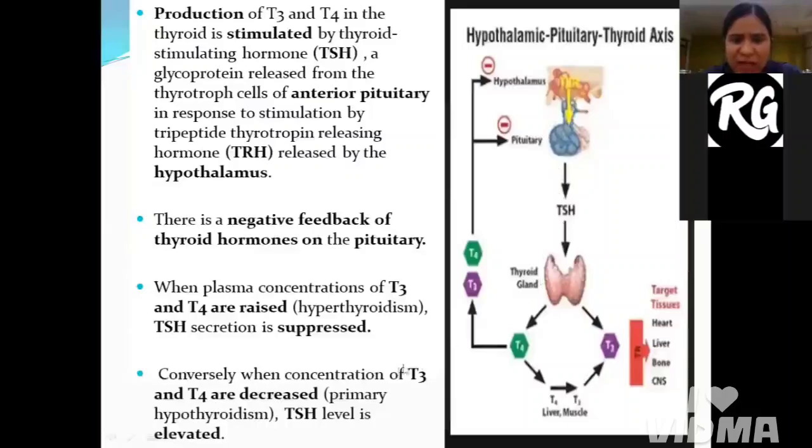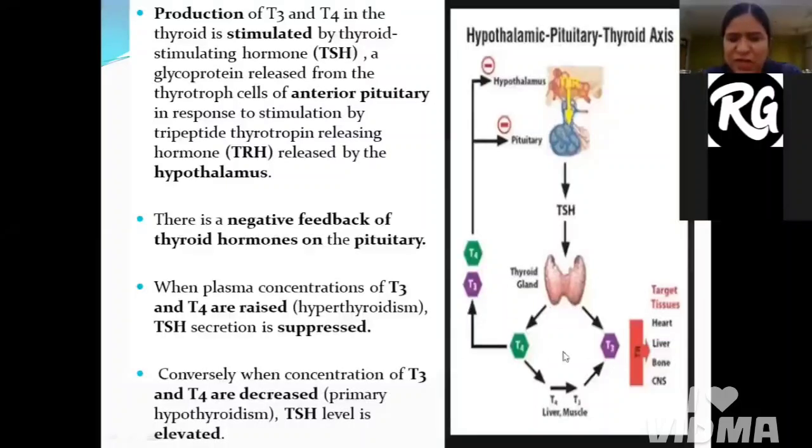Conversely, when the concentration of T3 and T4 decreases, they send a message to the pituitary and hypothalamus to increase the secretion of TRH and TSH. So the TSH level in the blood will be elevated. So there is a negative feedback of thyroid hormones on the pituitary.